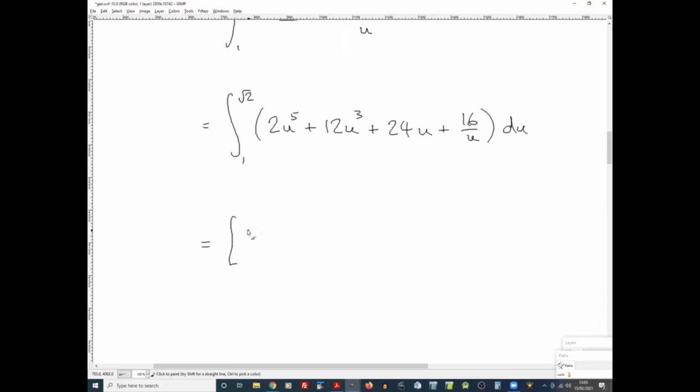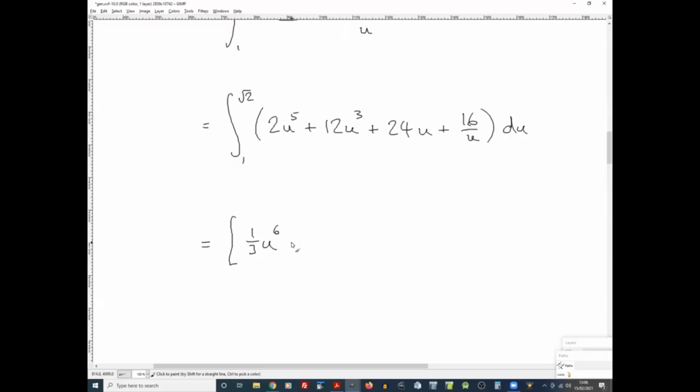Wait, 2u to the 5, that would integrate to 2 to the 6, that would be a third u to the 6. Good, good.